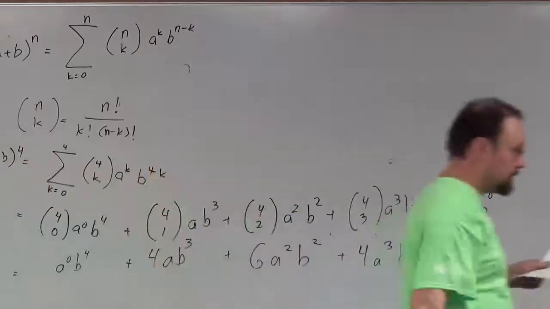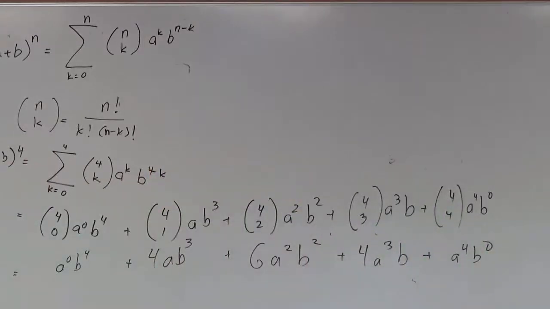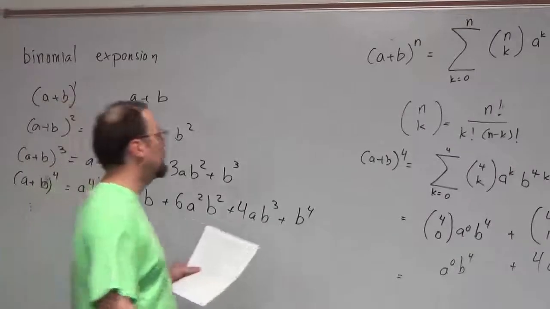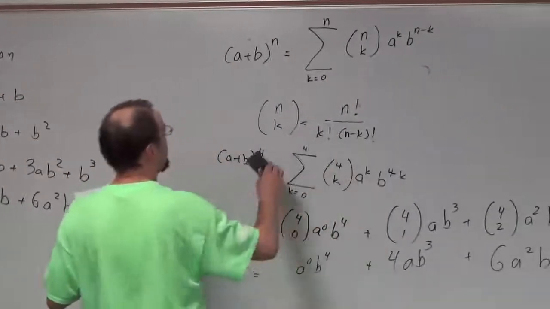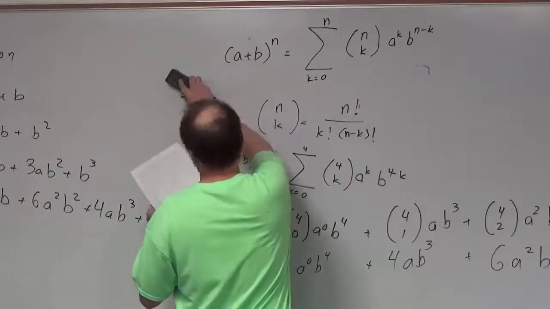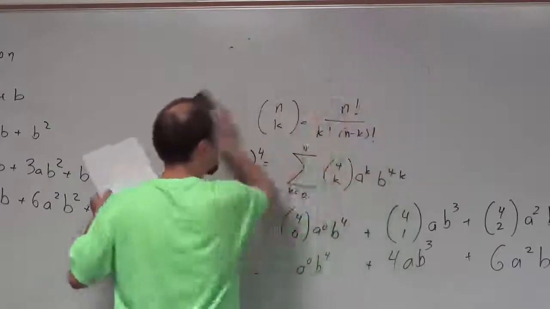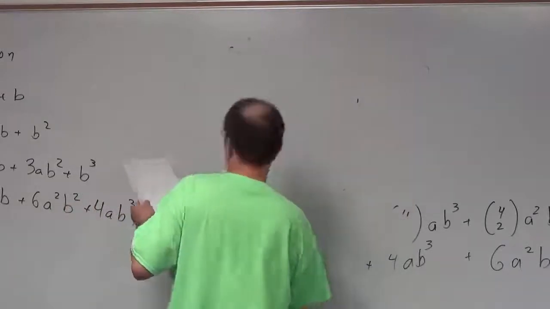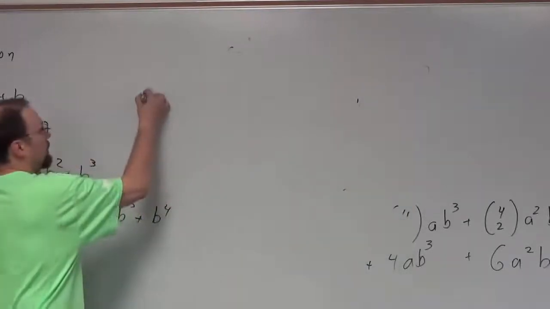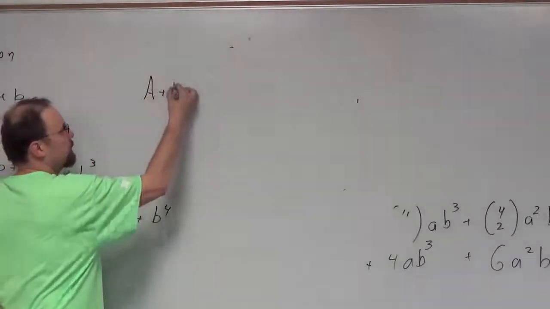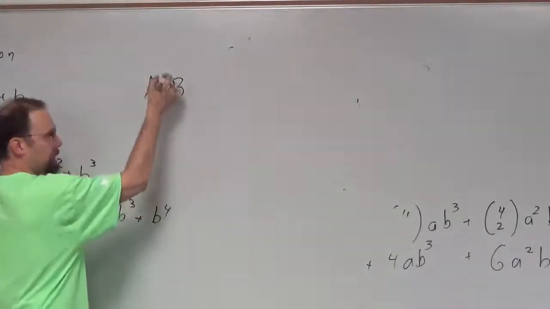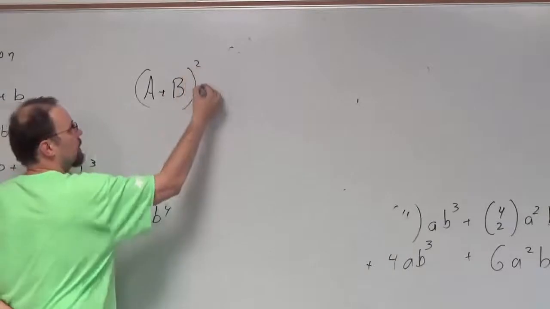All right, so the question is, does this binomial expansion hold for matrices? The answer is that in general, no. So we don't have such a thing for matrices. And why would that be? Well, let's recall when we compute, say, matrix A plus matrix B squared.